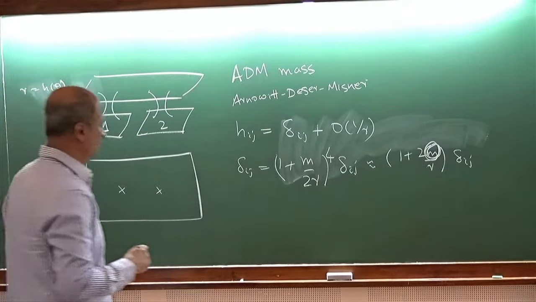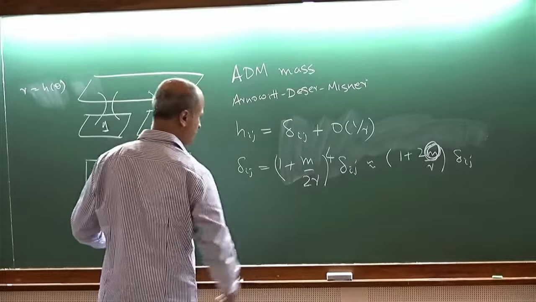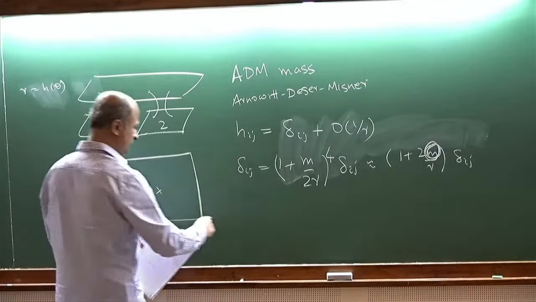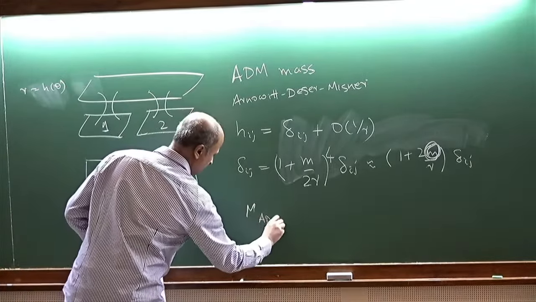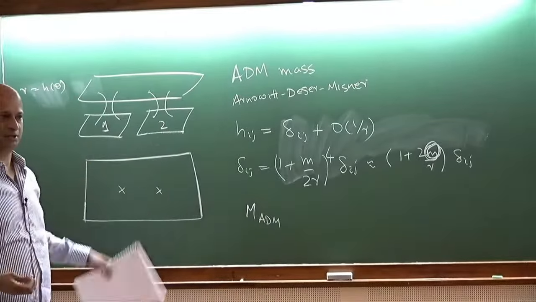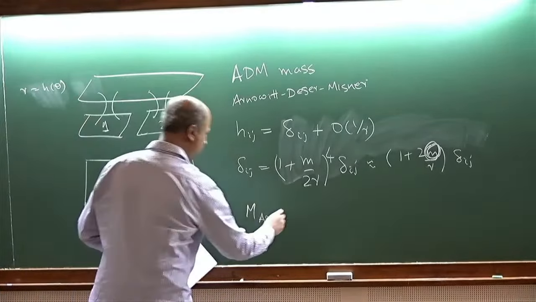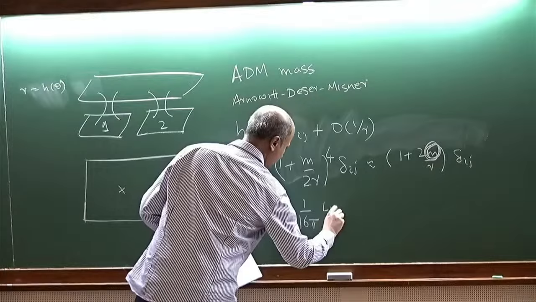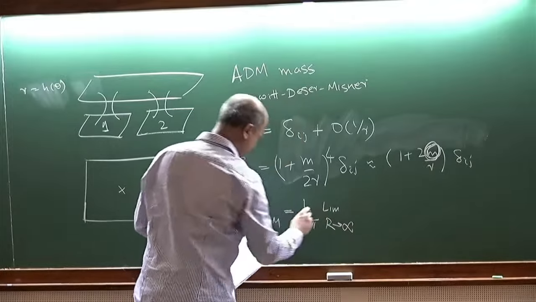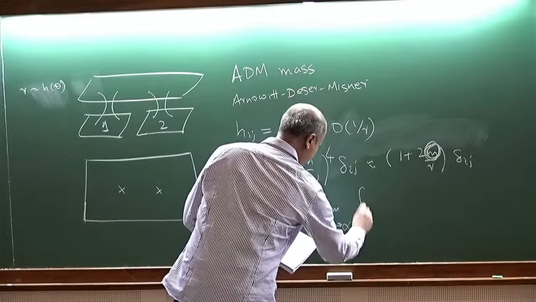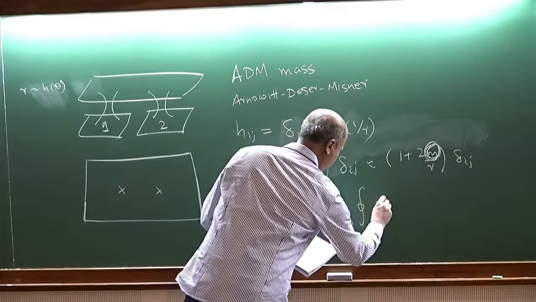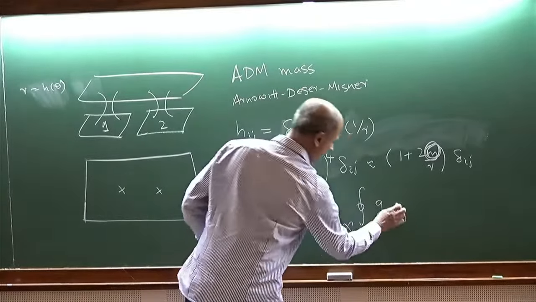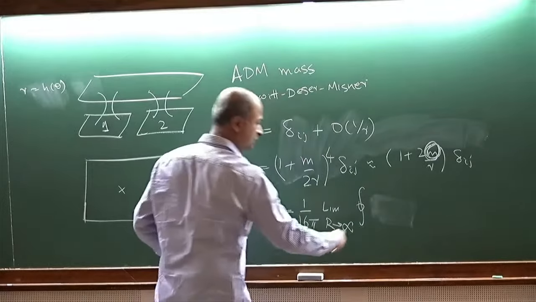Okay? There's a different expression for this, which is often used, which is not tied to any coordinate system, not just a spherical system like this, which is that the ADM mass says that you take a sphere of radius r and look at the limit of large radius, and the ADM mass is given by 1 upon 16 pi times the limit of the radius of the sphere going to infinity, and then you calculate this integral over the sphere, which is, so these are partial derivatives, so let me just, maybe, for people further back you can see this better.